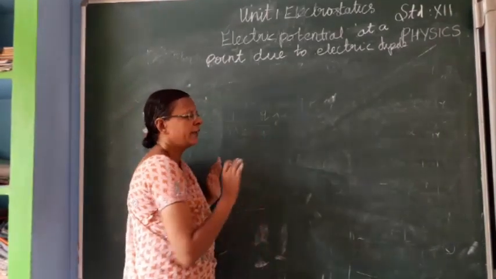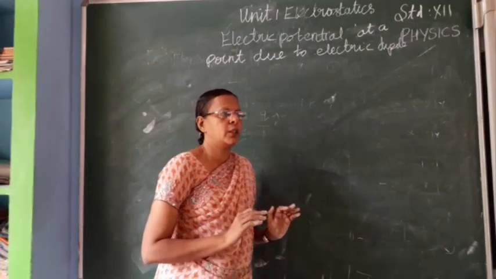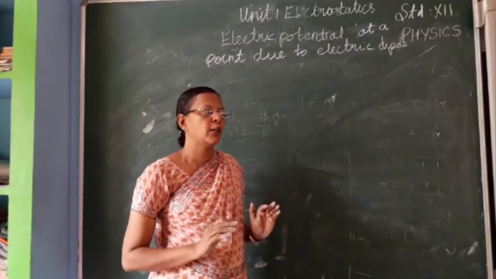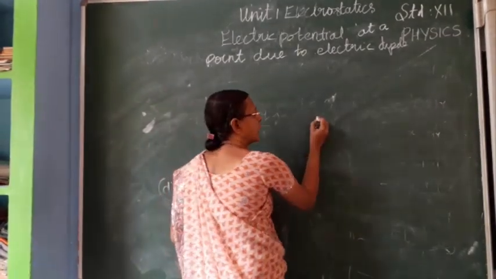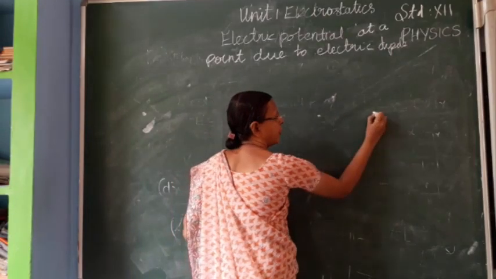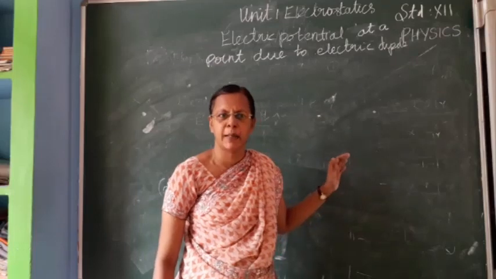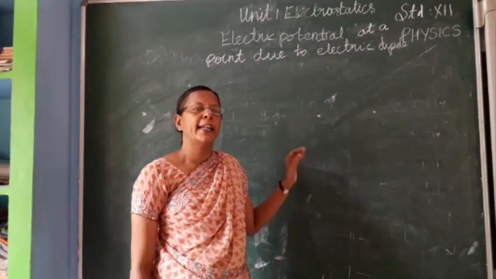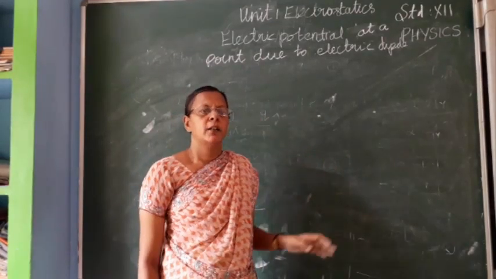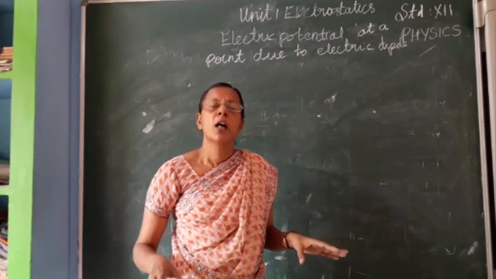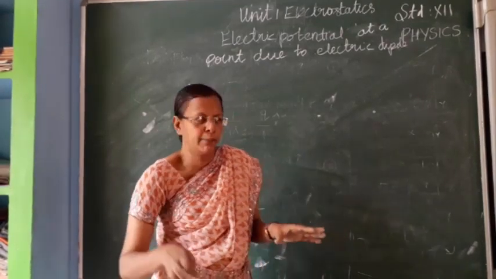First, we have to draw the diagram. What diagram are we going to draw? We have to consider an electric dipole. In the previous classes we have learned what is an electric dipole. Equal and opposite charges separated by a small distance constitute an electric dipole.